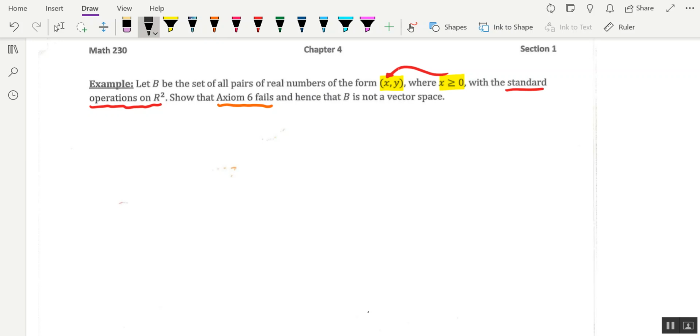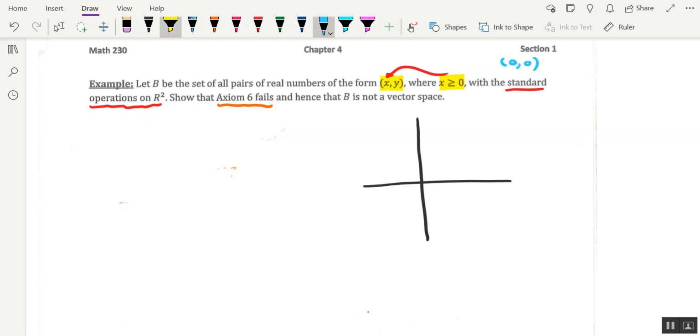So I think it might be helpful to draw this set of objects out, or at least get an idea of what the set looks like. So certain objects that would be in this set would be ordered pairs such as 0, 0.